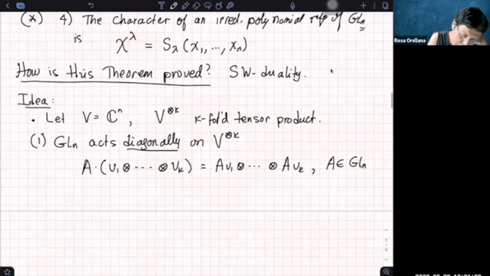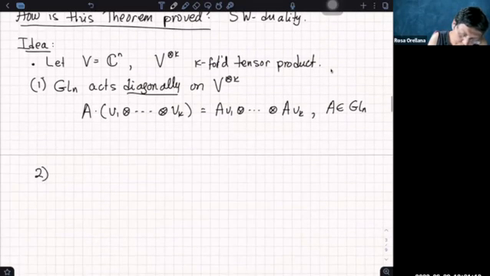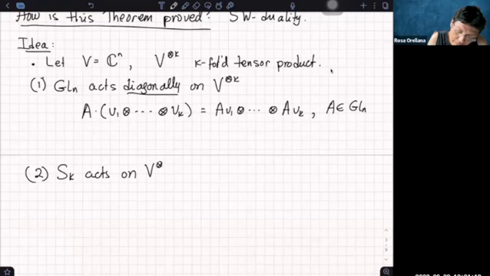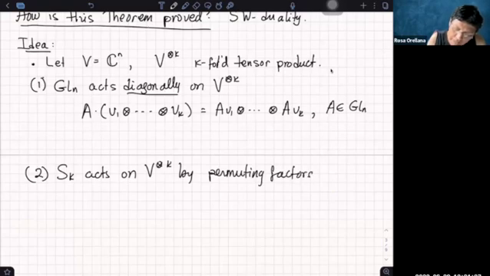And you also have an action of SK. SK acts on V tensor K by permuting factors. Sometimes people call this the right action.